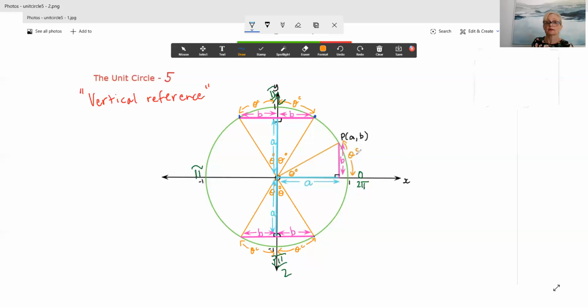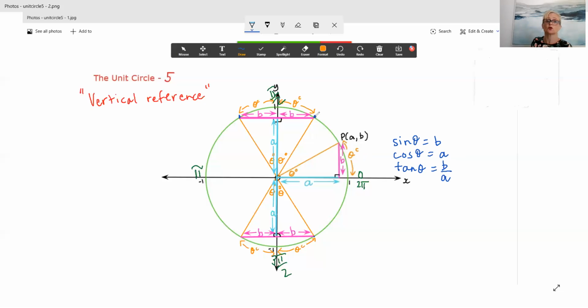Let's just remind ourselves about our sine, cos and tan of theta. Sine of theta is the y value, which here is b. Cos of theta is the x value, which is a, and tan of theta you can think of as sine on cos, or the y value on the x value, same thing.